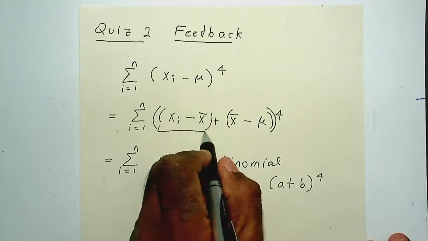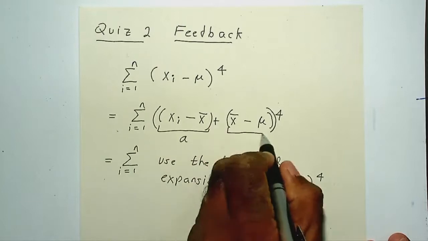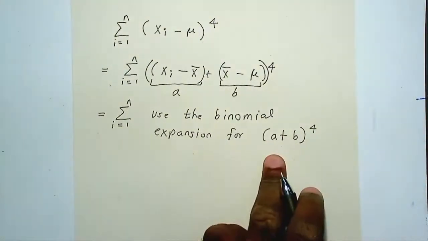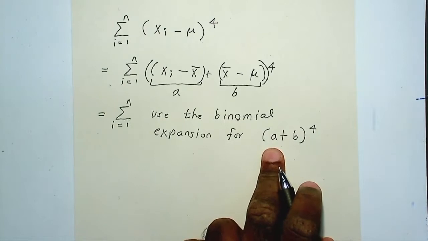So this is your a, and this is your b. When you do this expansion, you will get 5 terms.